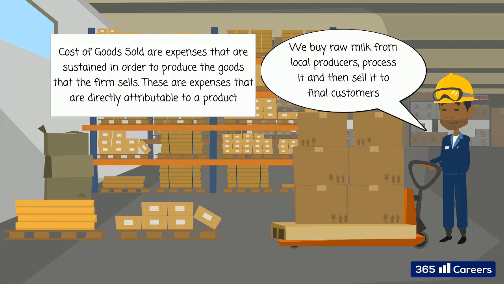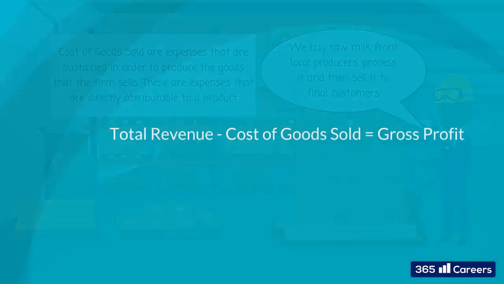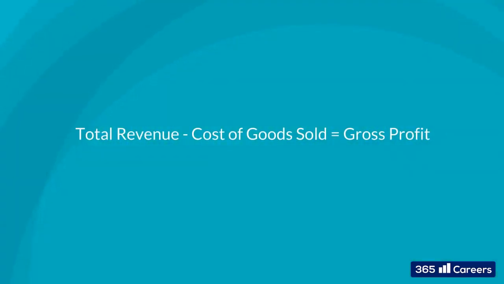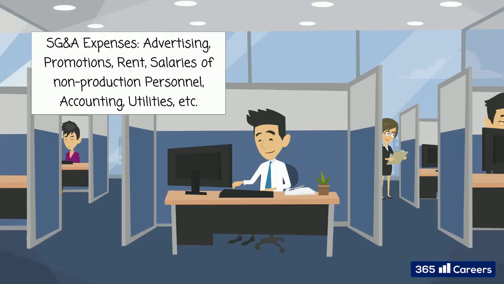All of the expenses that are directly attributable to the production of goods that are later sold are registered as cost of goods sold. The difference between total revenues and cost of goods sold is called gross profit. This is the profit a company makes after deducting the costs associated with making and selling its products.